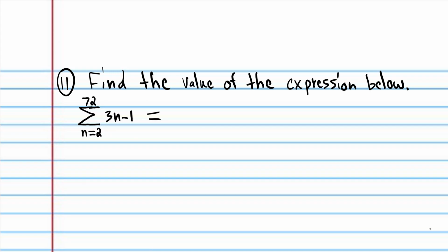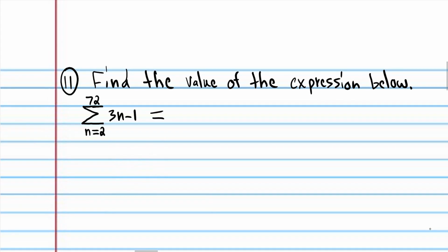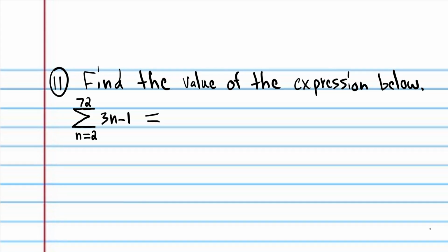If it were a geometric sequence, it would look like this, with an n in the exponent. It might have 3 to the n or 3 to the n minus 1. Those are geometric. But if you see something like this, or like this, or like this, or like this, or this, these are all arithmetic sequences because they're linear expressions.